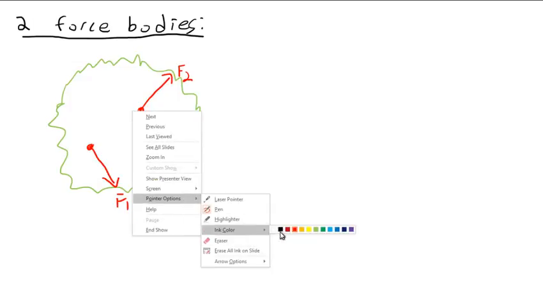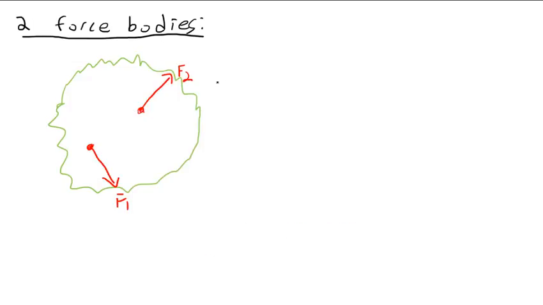Just as drawn, can this be in static equilibrium? It actually can't. Any idea why?